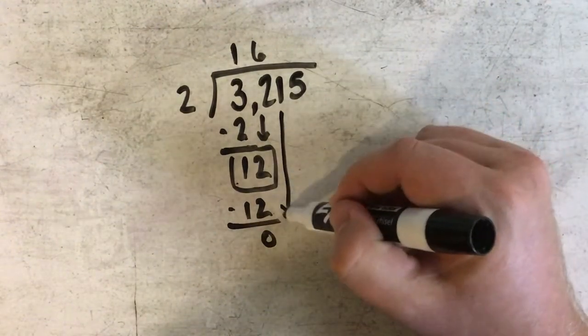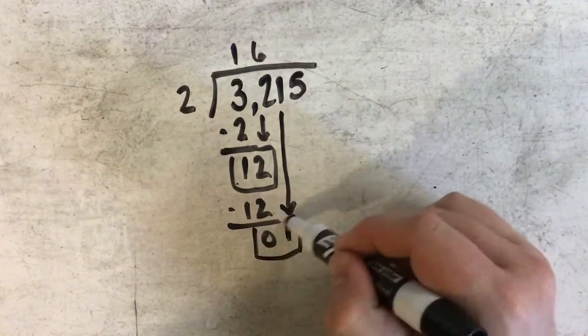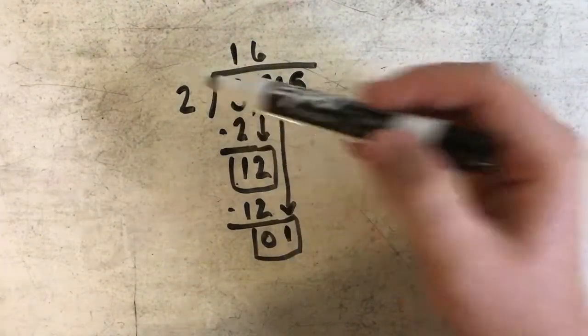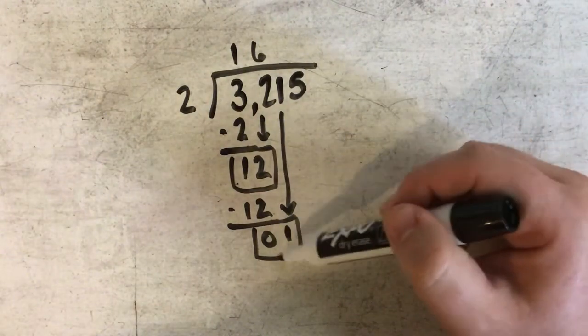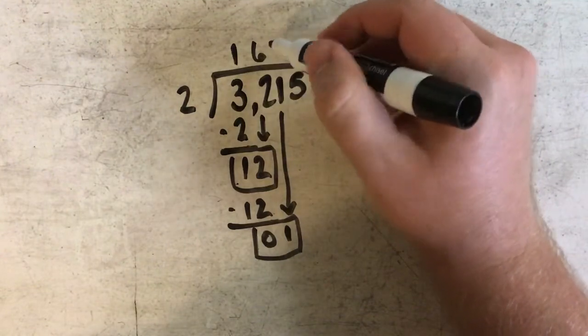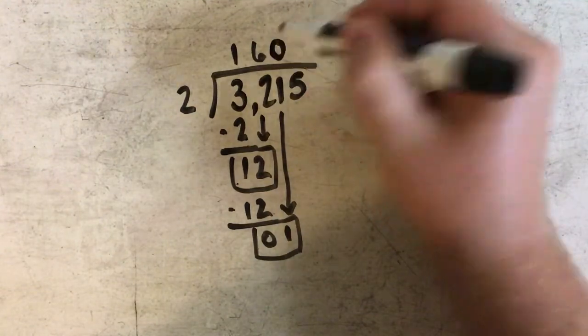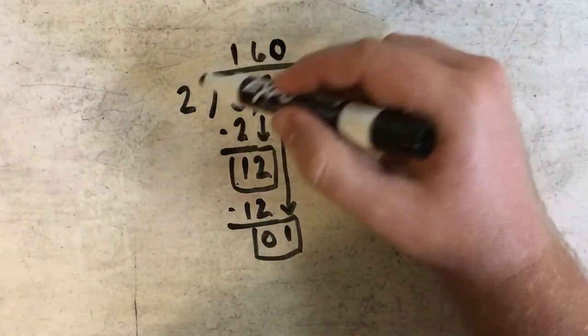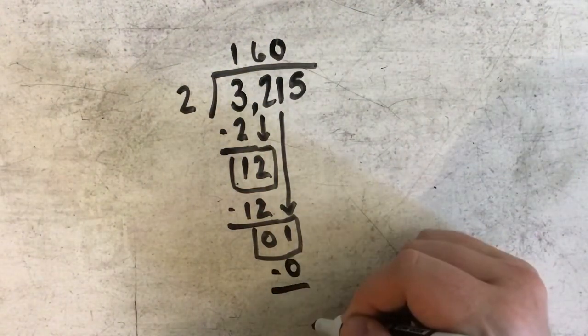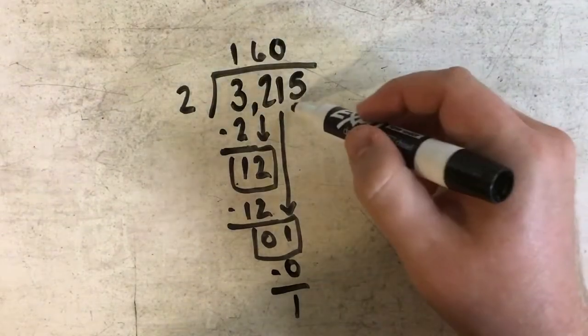So I bring down the 1. And now, once again, 1 is less than 2, so I can't make any groups of 2 from 1. I would say that 2 divides 1 0 times. 0 times 2 is 0. 1 minus 0 is 1.